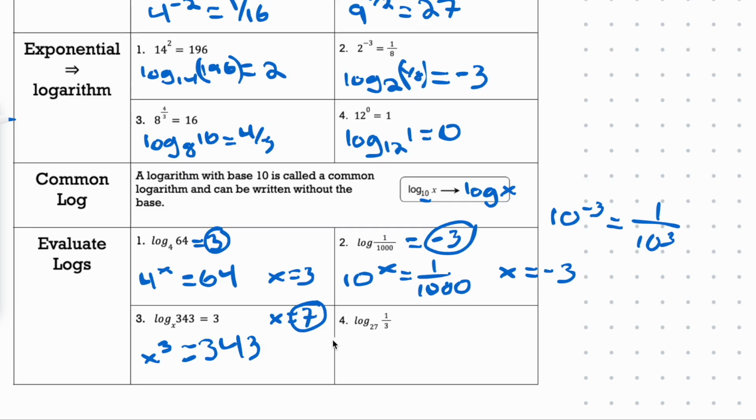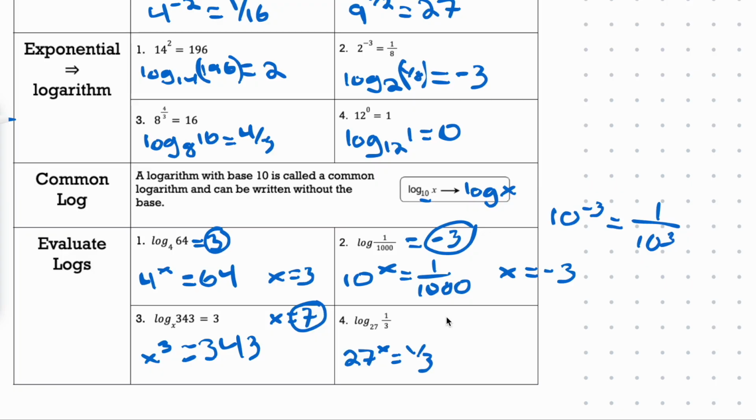Okay, here we have 27 to the x power equals 1/3. Well, I see this, and I'm going to ignore the fraction just like we did up here with number 2. I'm going to say, how do I get from 27 to 3?